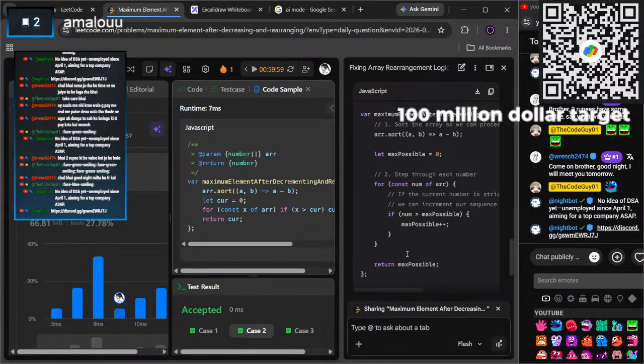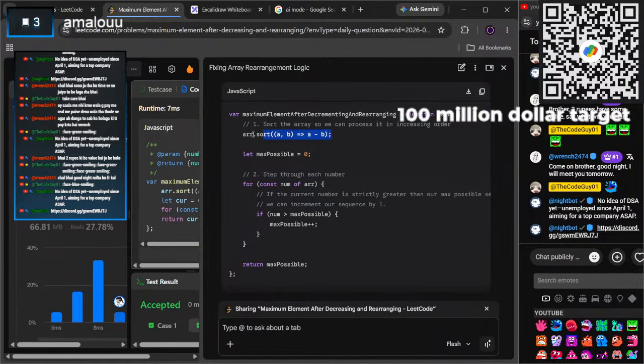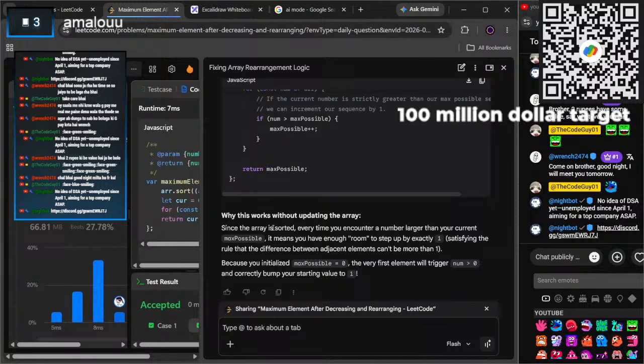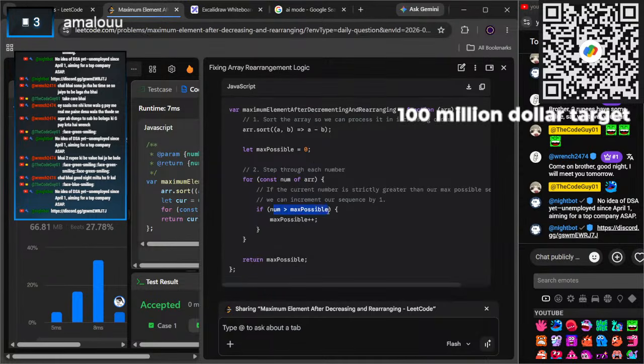This is even shorter than the analysis. Sorted the array and took the maximum possible. Number is greater than this possible. How the hell will this work? The number is going to be bigger for everything.